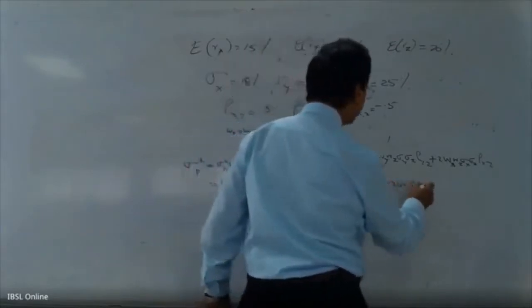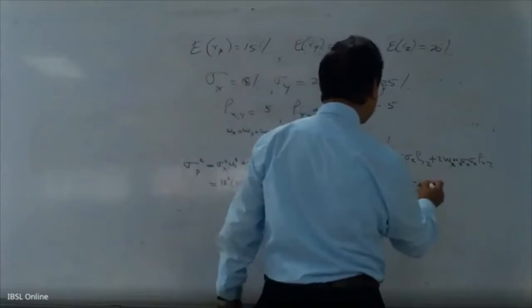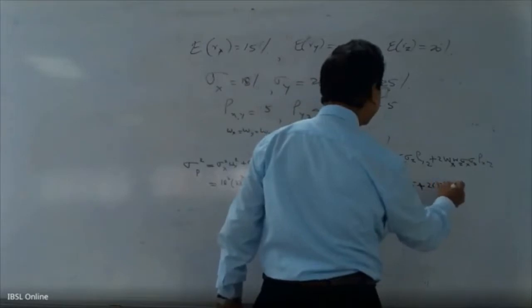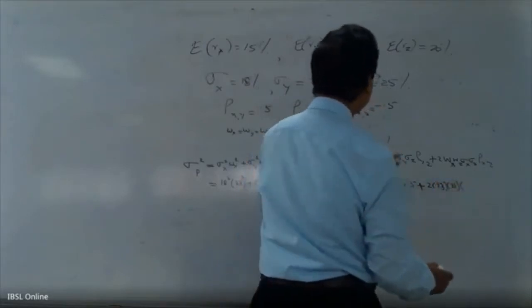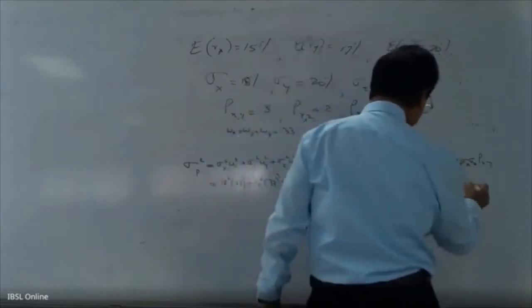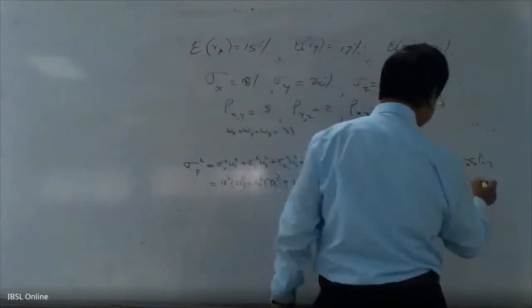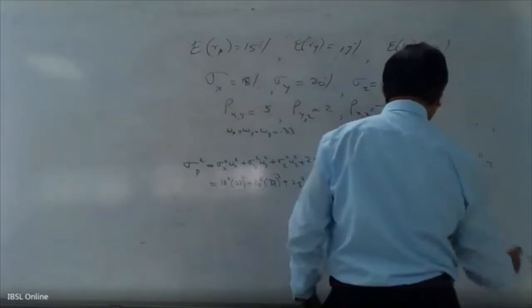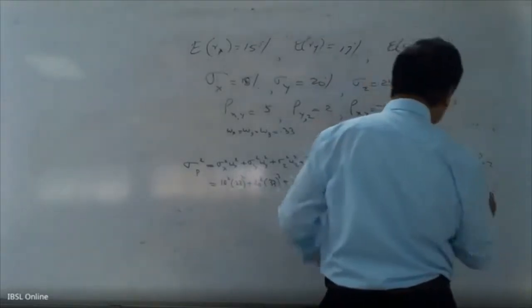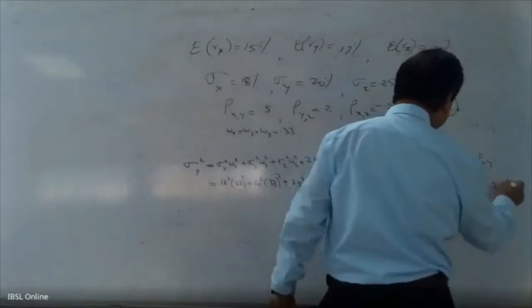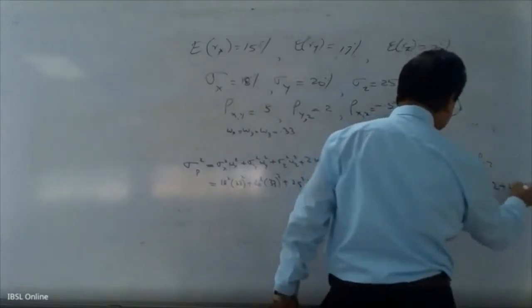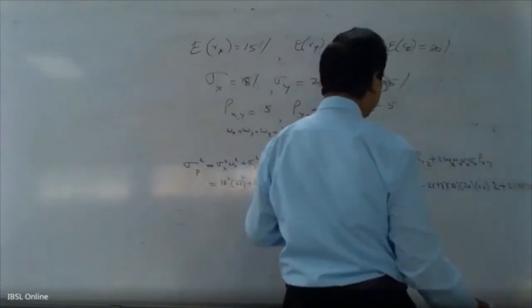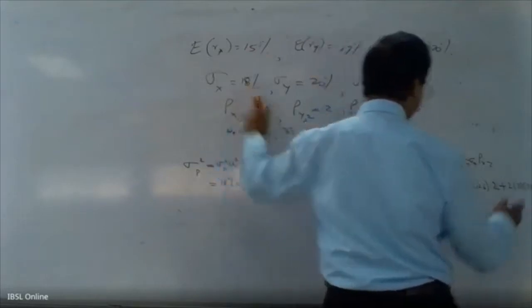plus 2 into 0.33 into 0.33 into sigma y sigma z, 20 into 25, rho yz is 0.2, plus 2 into 0.33 into 0.33 into sigma x sigma z, that is 18 into 25.